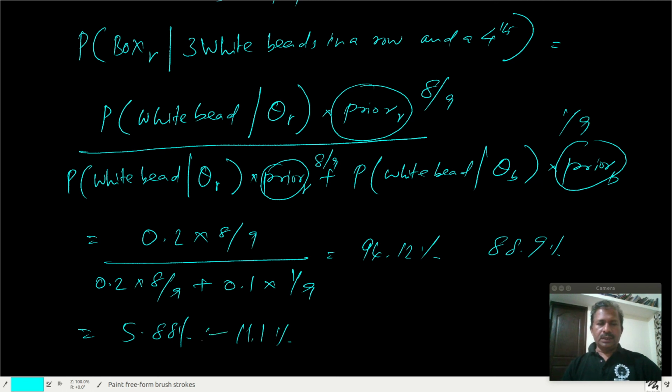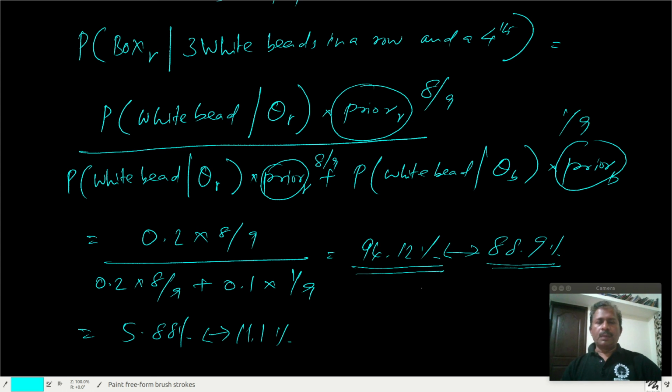So you can see the difference here. Earlier the probability of picking 3 white beads in a row from the red box was 88.9%. Now if you pick another bead and it happens to be a white bead, the probability associated with that is 94.12%.